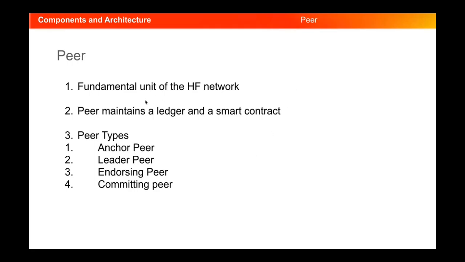As you can see, a peer is a fundamental unit of a Hyperledger Fabric network. A peer maintains a ledger and a smart contract. Adding to that, peers are the fundamental element of the network because they host an instance of the ledger and an instance of the chain code. Each peer can have multiple chain codes and multiple ledgers.